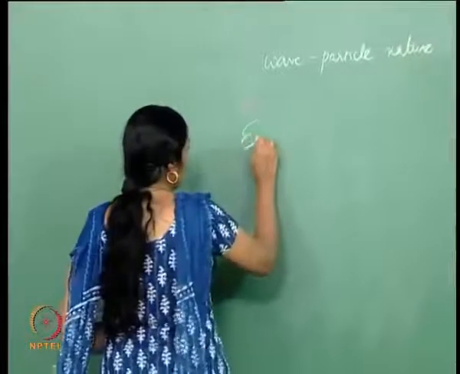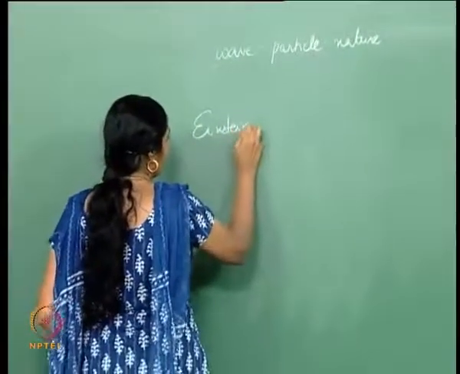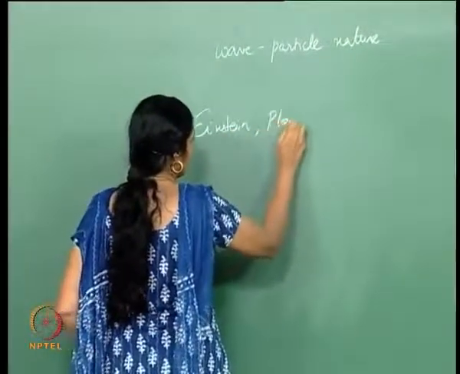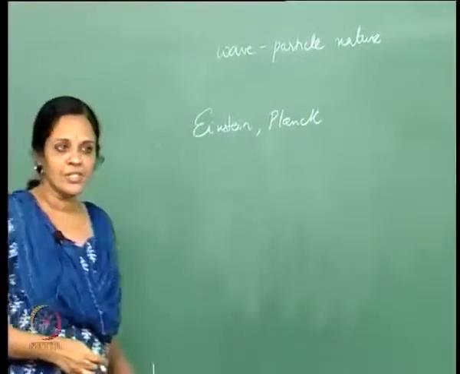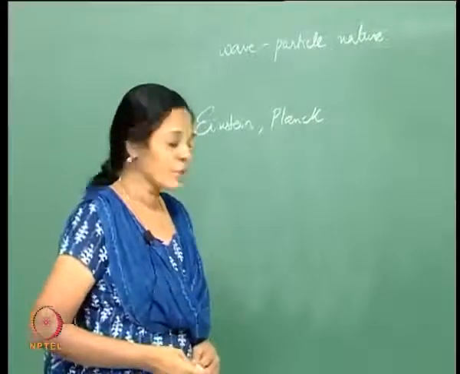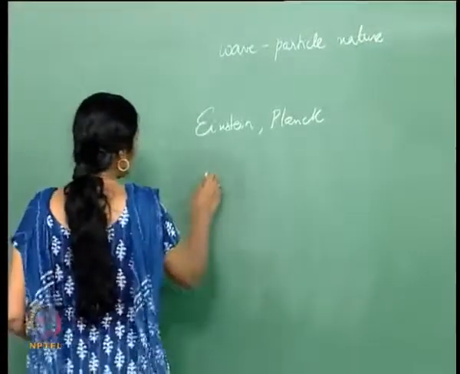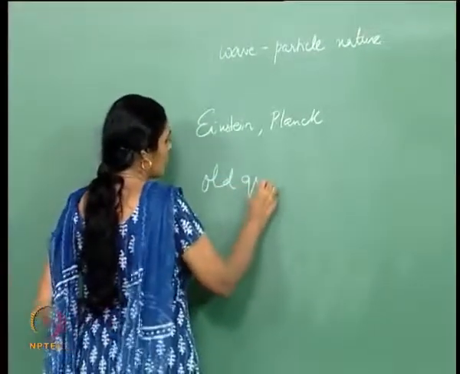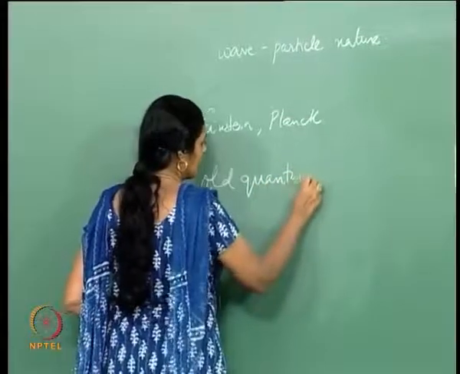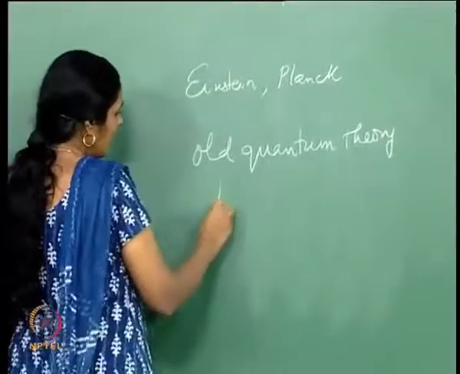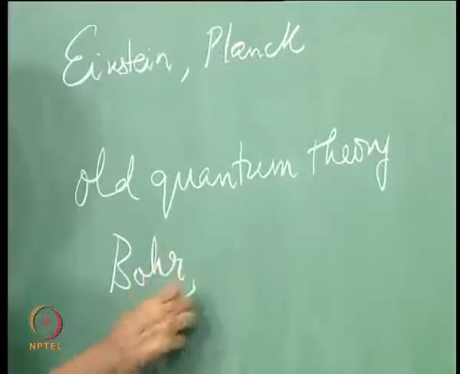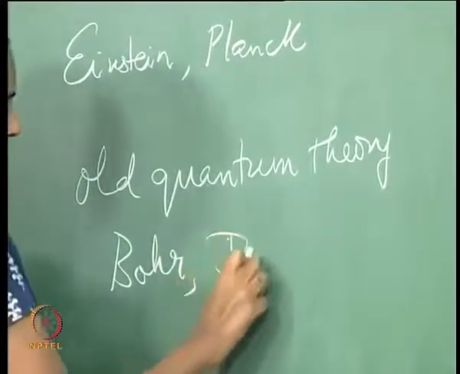Einstein and Planck and many other physicists were involved in this explanation, and something called the old quantum theory was proposed, primarily by Bohr, Jordan, and others.